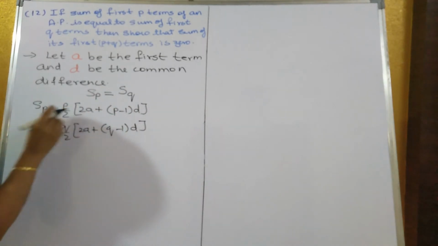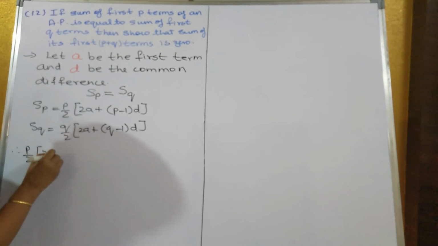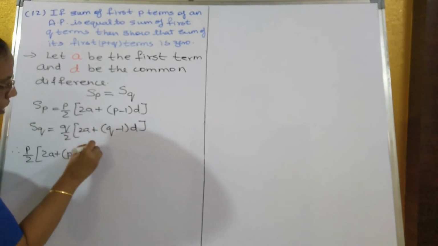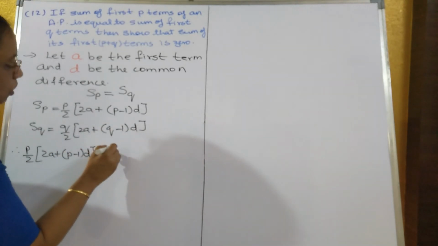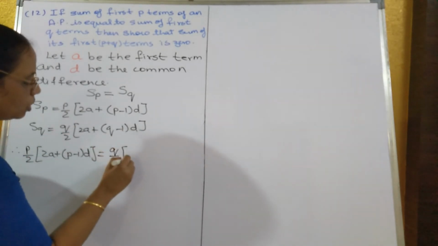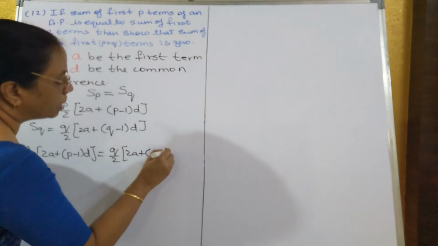What is SP over here? We have got, therefore, P upon 2 into 2A plus P minus 1 into D is equal to Q upon 2, that is SQ, Q upon 2 into 2A plus Q minus 1 into D.